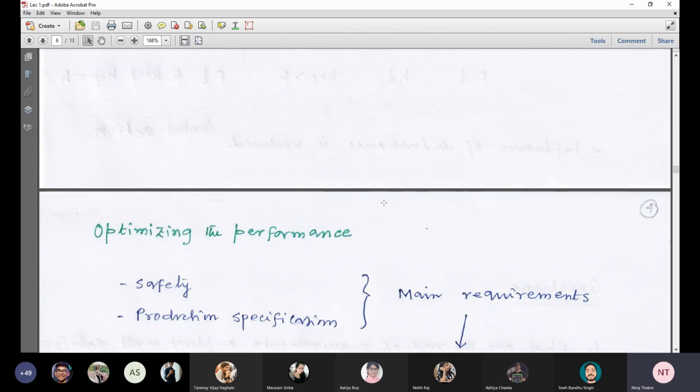Second one is product specification we need to maintain. Third one is environmental regulations. Fourth one was operational constraints. And fifth one was economics. So first one is safety, second one is product specification, and last one is economics for us.